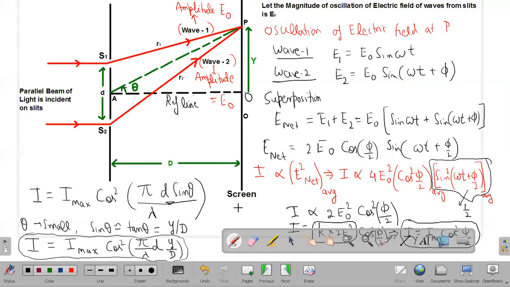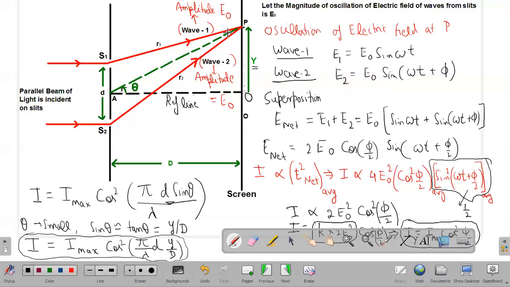So this is my final expression of intensity in terms of y. If this distance y is given to you, you can find out intensity at any desired point on the screen. Just put the value of y and you can compare how much will be the intensity at that point P relative to the maximum intensity.